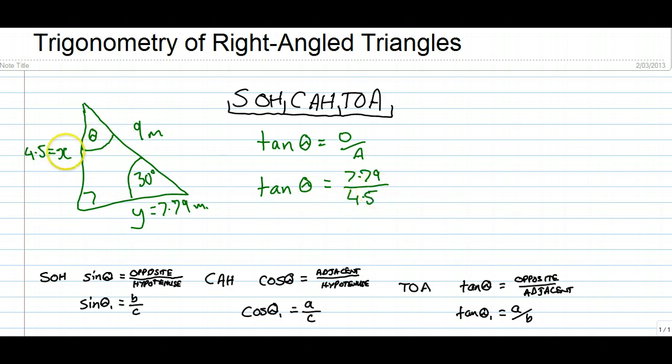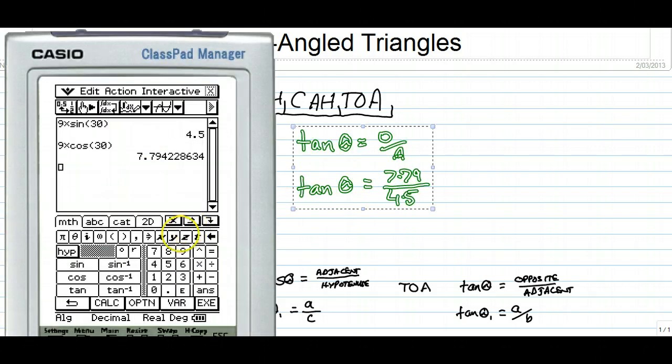Remember, the adjacent side is always the short side, it can never be the hypotenuse. So 7.79 divided by 4.5. Okay, now we need to put that into the calculator, so 7.79 divided by 4.5 equals 1.73.